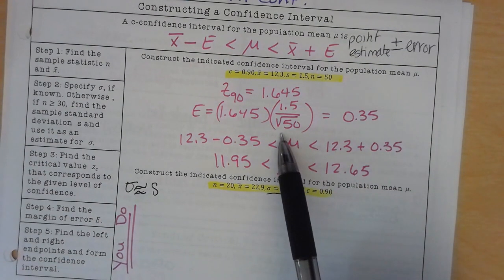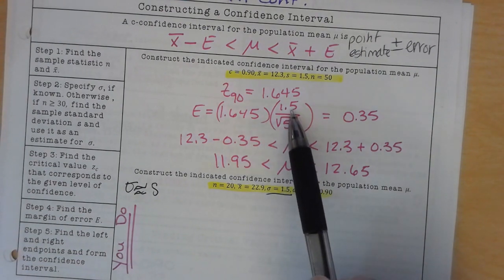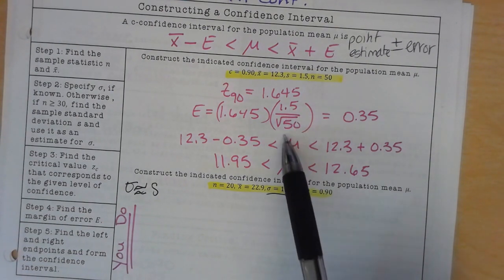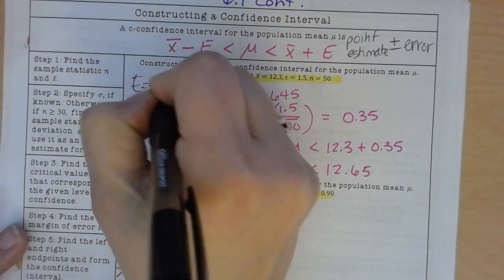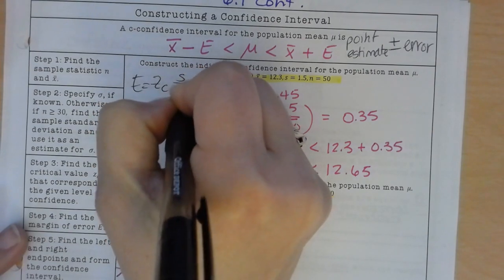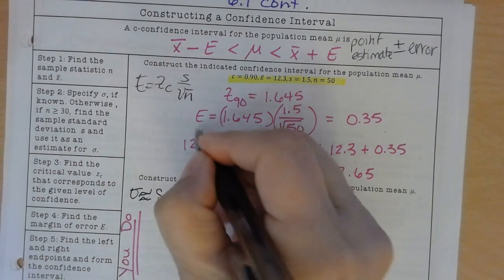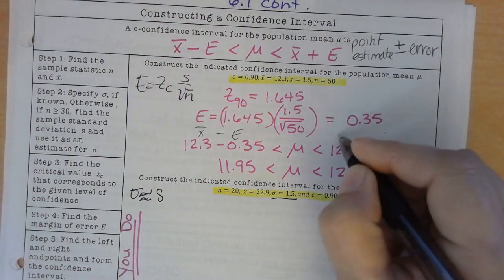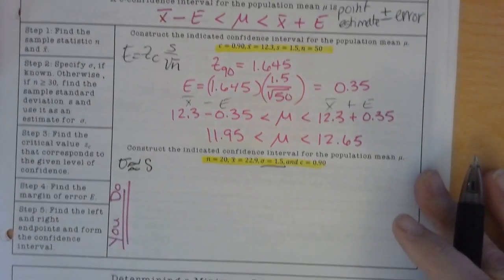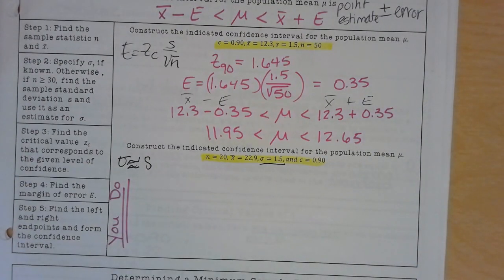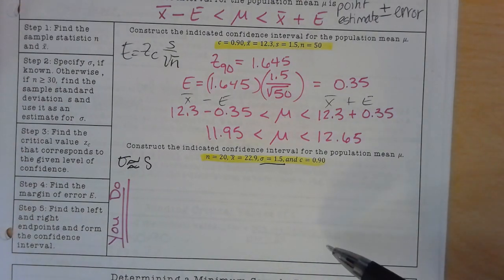So we just plug it into the formula: z_c times s over the square root of n. And that gives us our error. And then we're doing x bar minus the error and x bar plus the error to figure out what our confidence interval is. Okay? So go ahead and for a couple of minutes, do the second example.